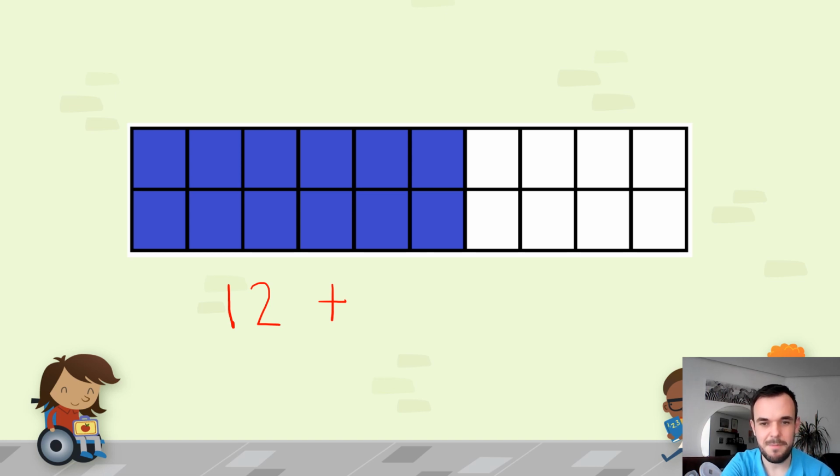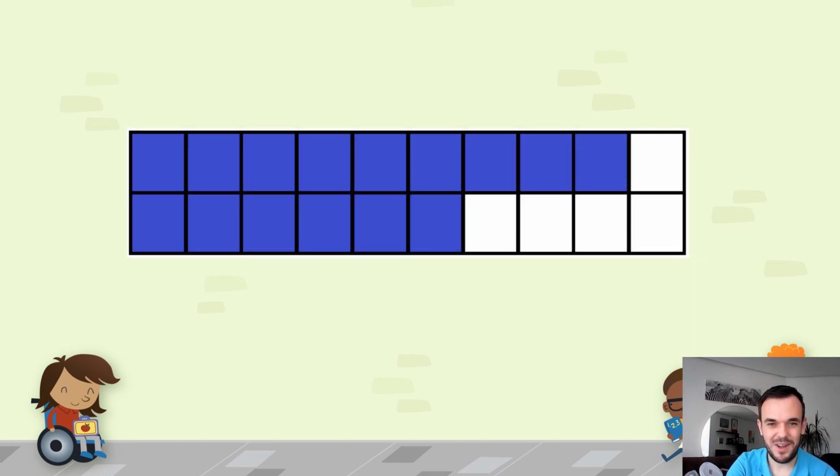Let's count how many white boxes there are. 1, 2, 3, 4, 5, 6, 7, 8. There are 8 white boxes. So now we've got 12, add 8, and we know that altogether there are 20. So our number sentence is 12 add 8 equals 20. You are doing so well.